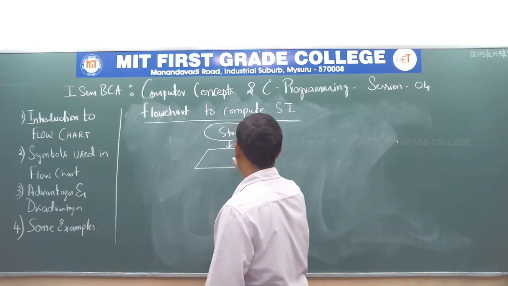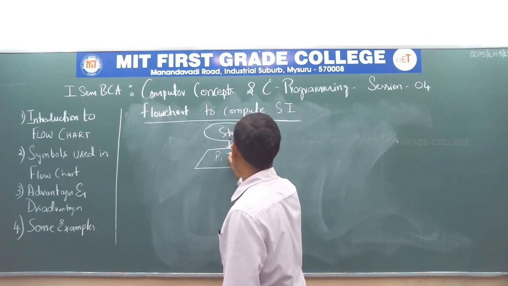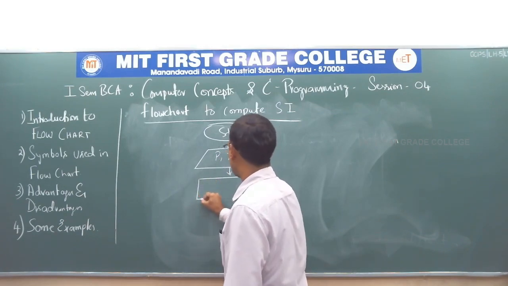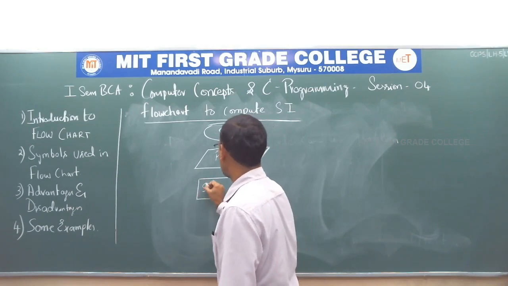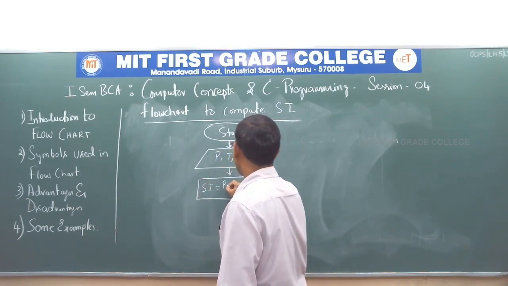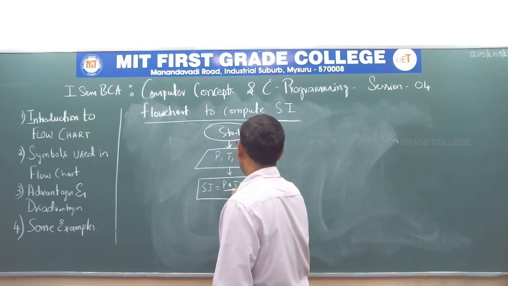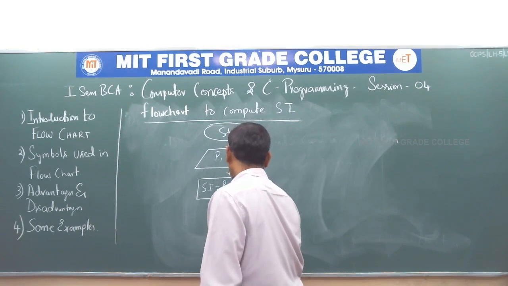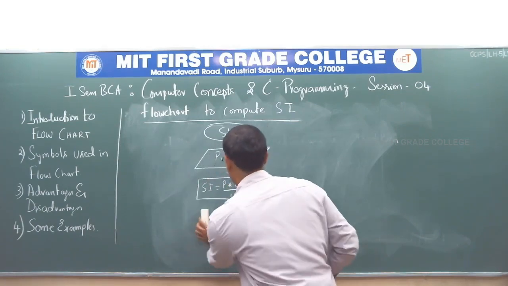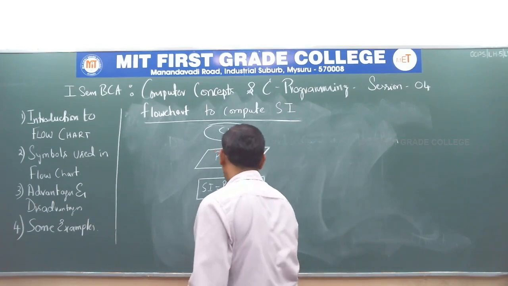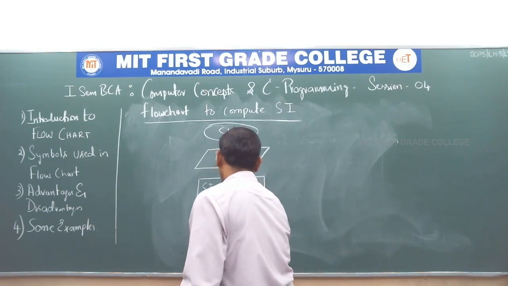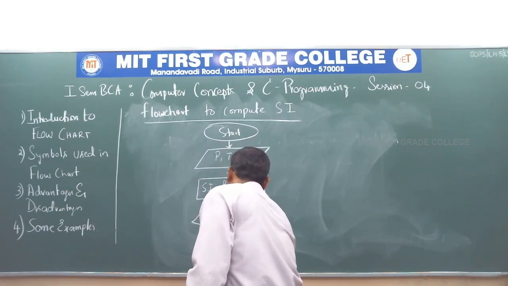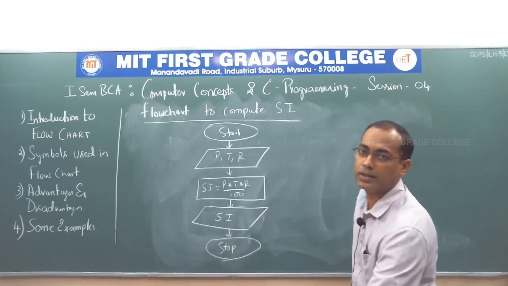Here there are three inputs, P, T and R. Same as your addition of two numbers. SI is equal to P into T into R divided by 100, and then display the output, that is SI, and then end the flowchart using a terminal, stop.